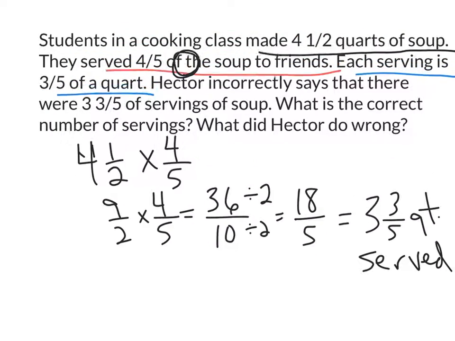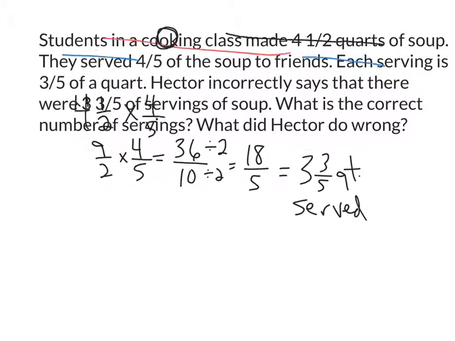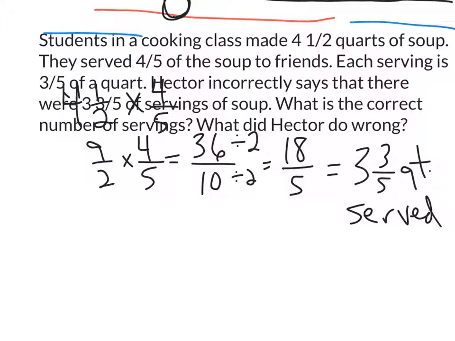And each serving's 3/5 of a quart. So it's actually kind of going in circles a little bit. If you change to 3 3/5, that's fine. You're going to take 3 3/5 divided by 3/5.